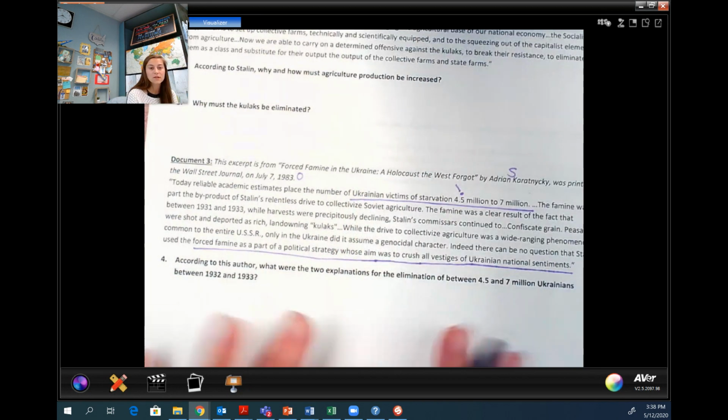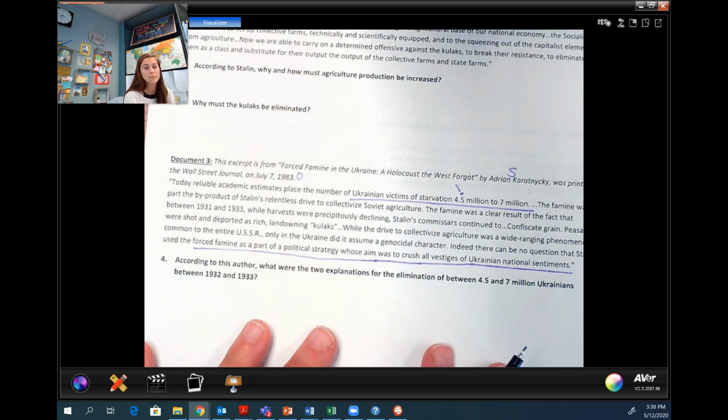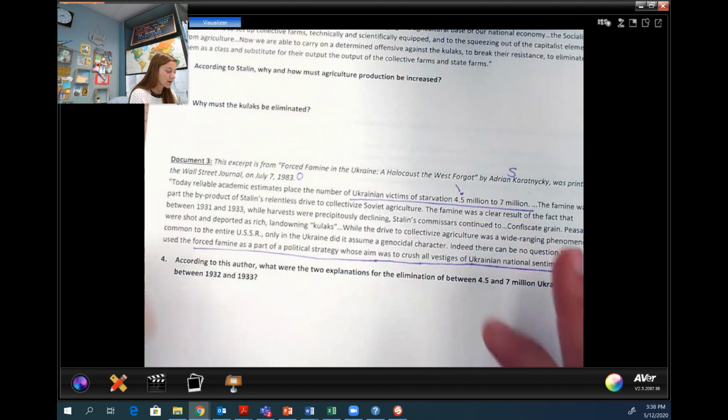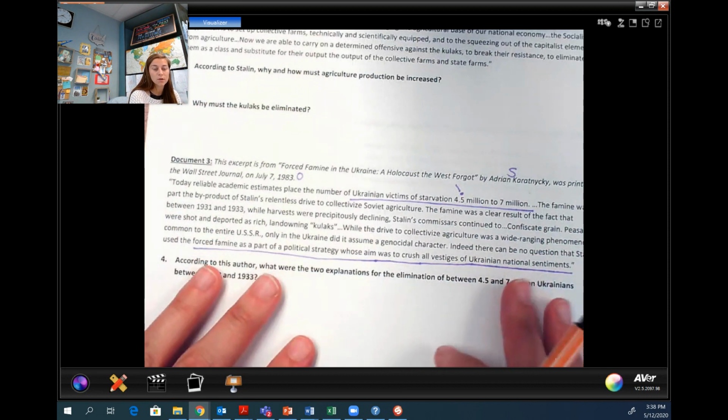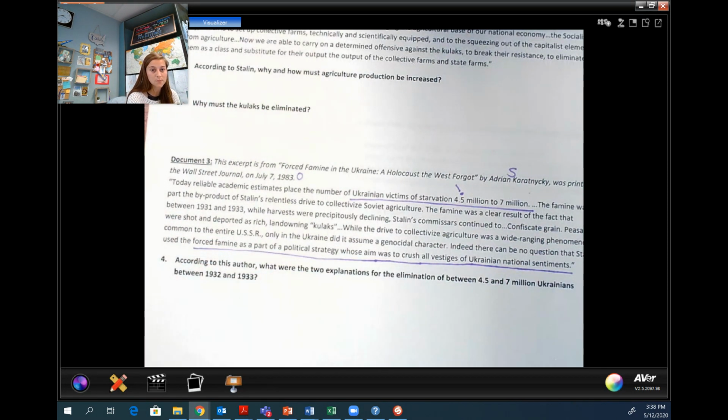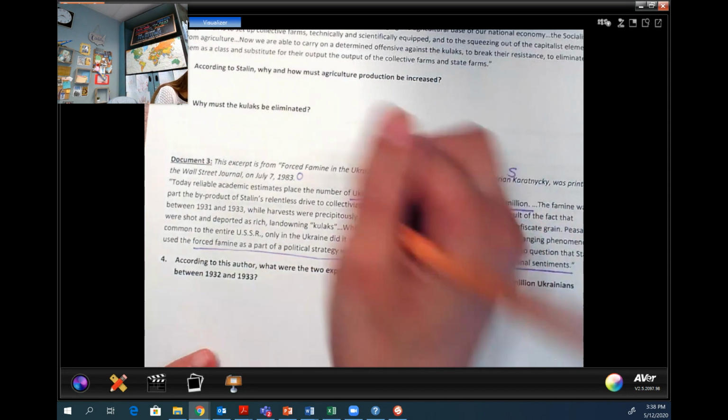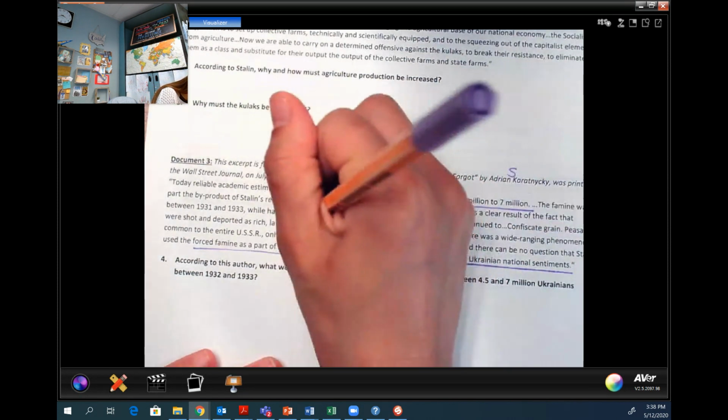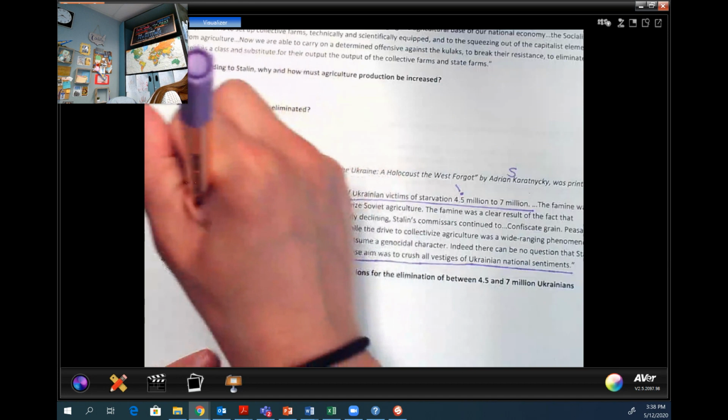So a couple of things that I want to clarify here that I'm not sure if the textbook did a good enough job describing: a part of his plan with the 5-year plan was, of course, to collectivize farms. However, some people like the kulaks did not support collectivization. So I'm going to circle kulaks and go right here.